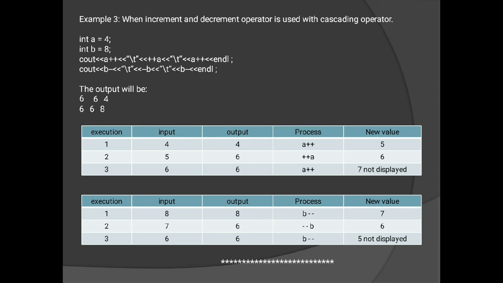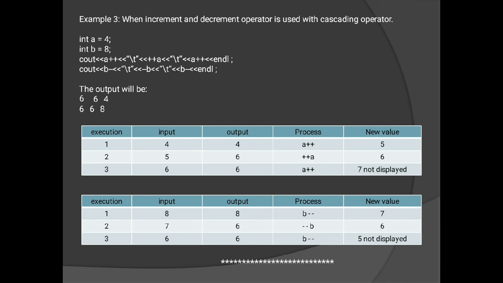So this 6 will be the new value. Then it will move on to the next tab space, that is slash t. In the third execution sequence, the input value of b will be 6, and the output value will be 6 only, because b minus minus is a postfix decrement. After that only b will get decremented by 1, which will be 5, which will not be displayed.